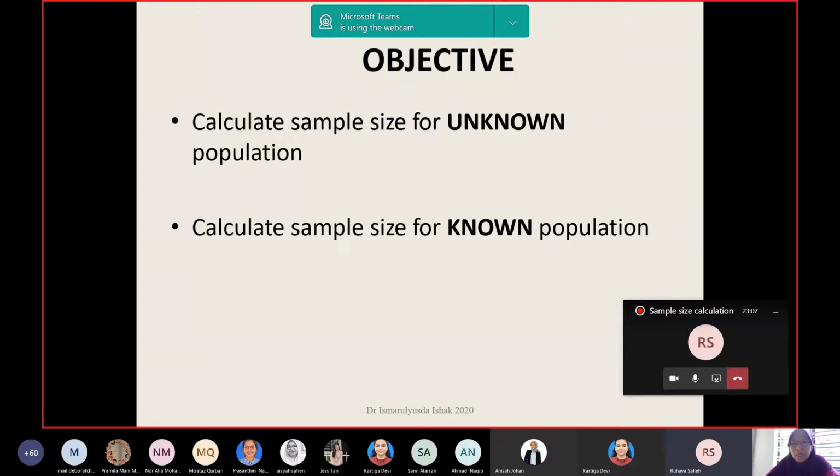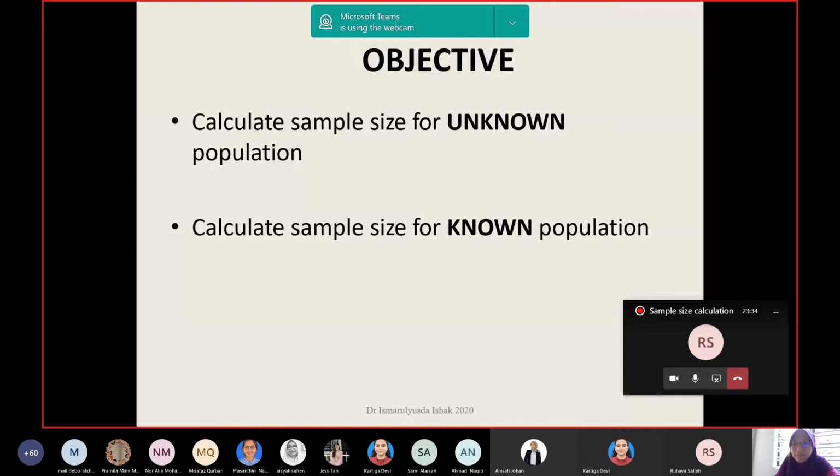So actually my lectures for those who are my undergraduates, so maybe quite the same. This is just your refresher lecture, but after this maybe I can share with you how to use G*Power, because some of your research is very complicated.